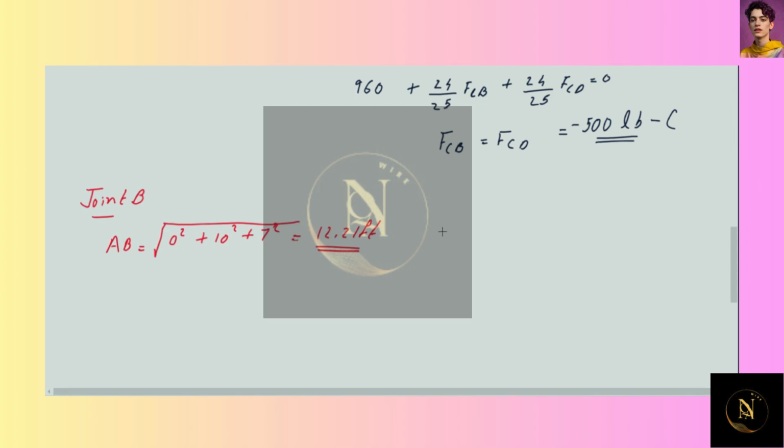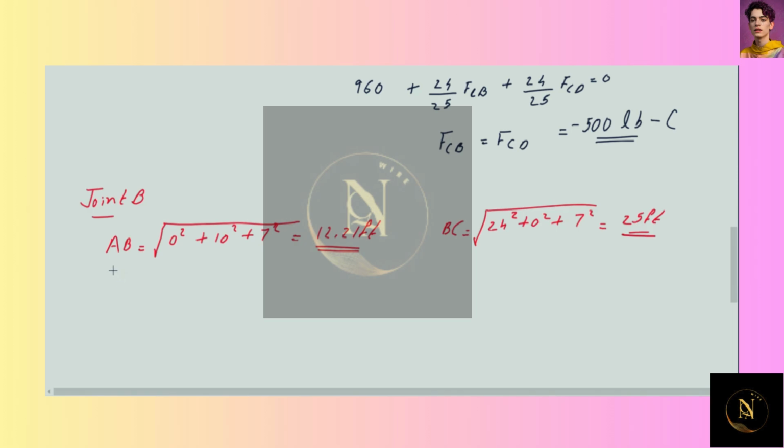Now what about BC? BC will be equal to 24 feet square plus 0 feet square plus 7 feet square. This is 25 feet.